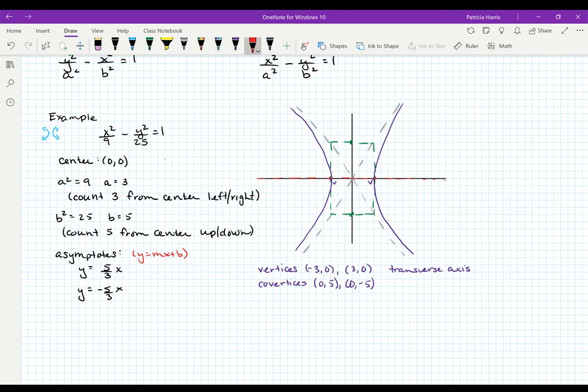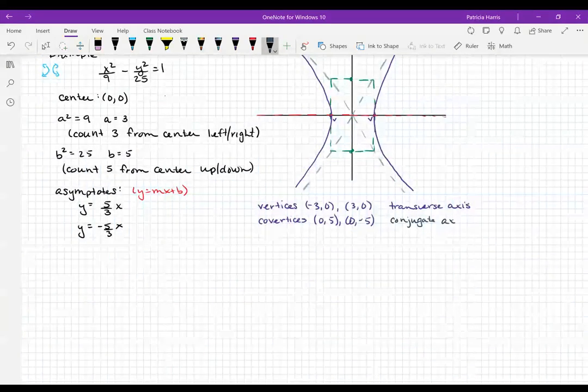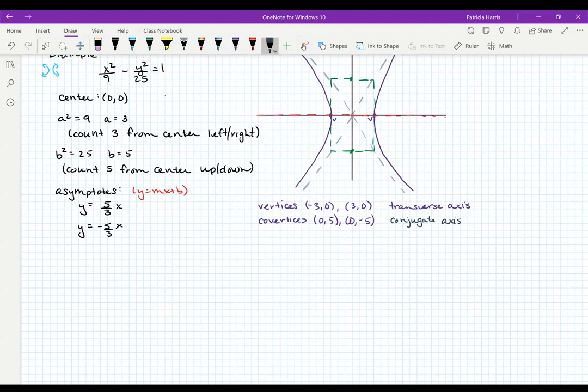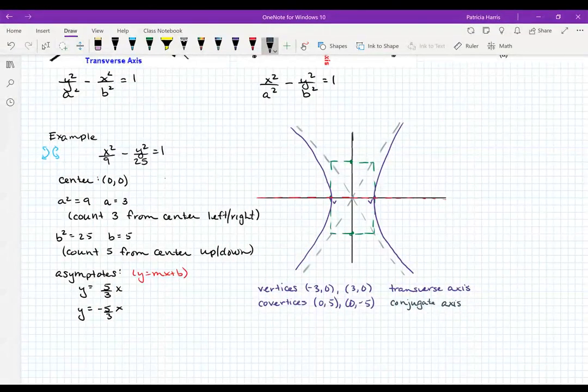The conjugate axis goes with your co-vertices.